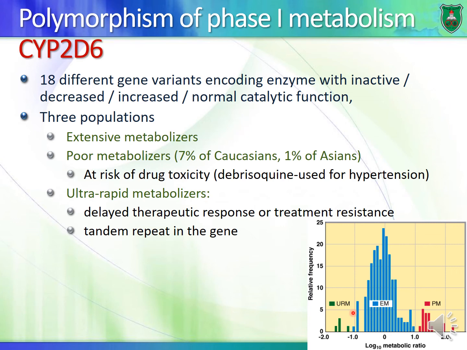Ultra rapid metabolizers metabolize drugs such as debrisoquine, which is used for hypertension, very fast, so they become unresponsive to these drugs and require a higher dose. On the other hand, poor metabolizers do not metabolize the drugs very quickly, and the drug stays for a long time in the individual's body, resulting in toxicity.